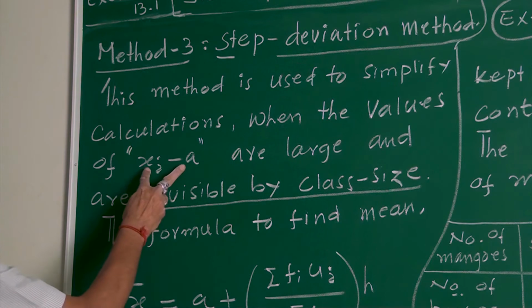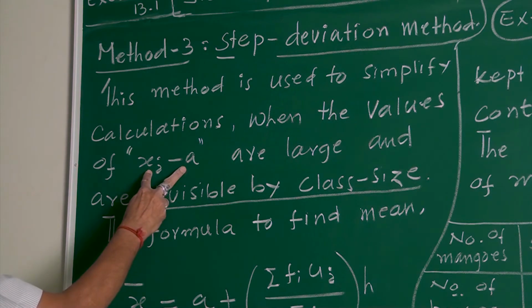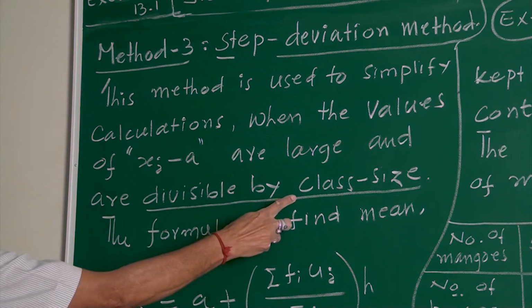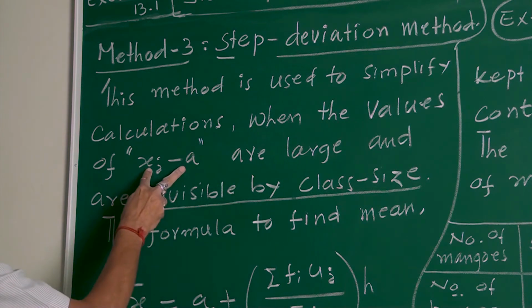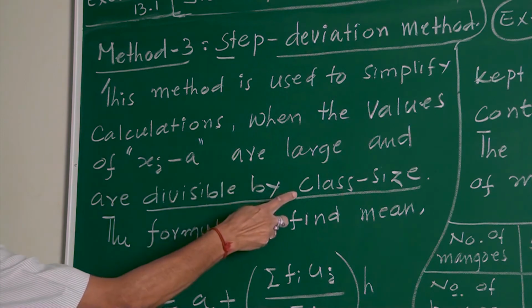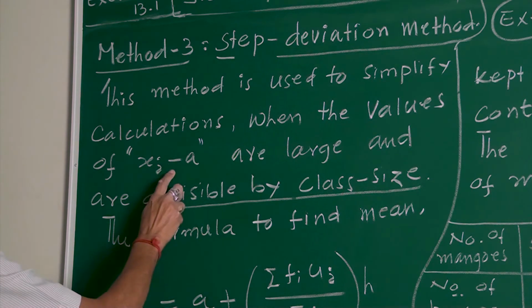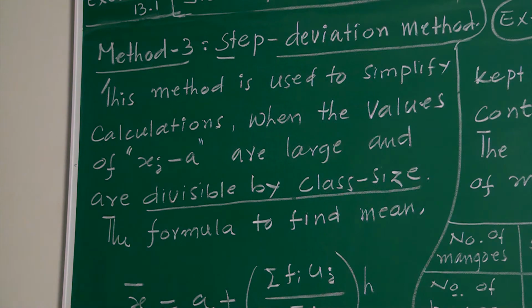In this case, the values should be large first. When they are large, we divide this difference di by class size, which is h. After finding di, you go for di upon h.